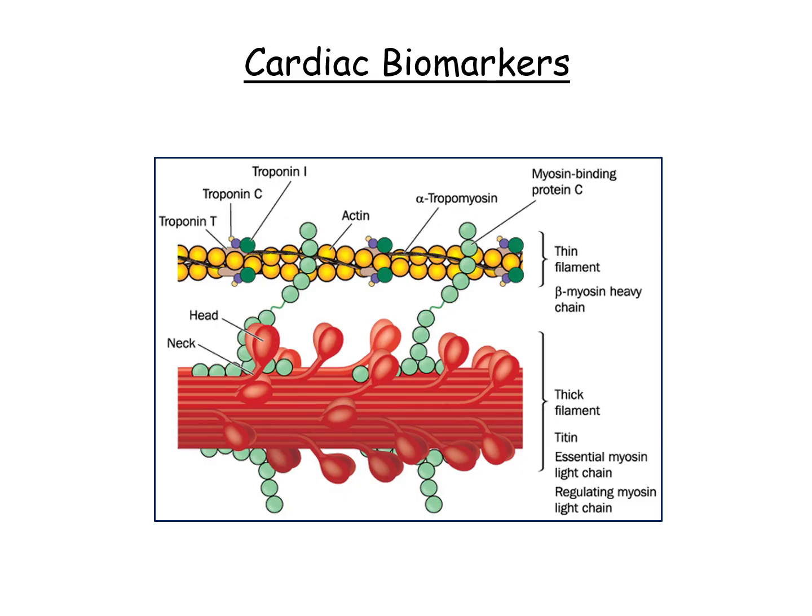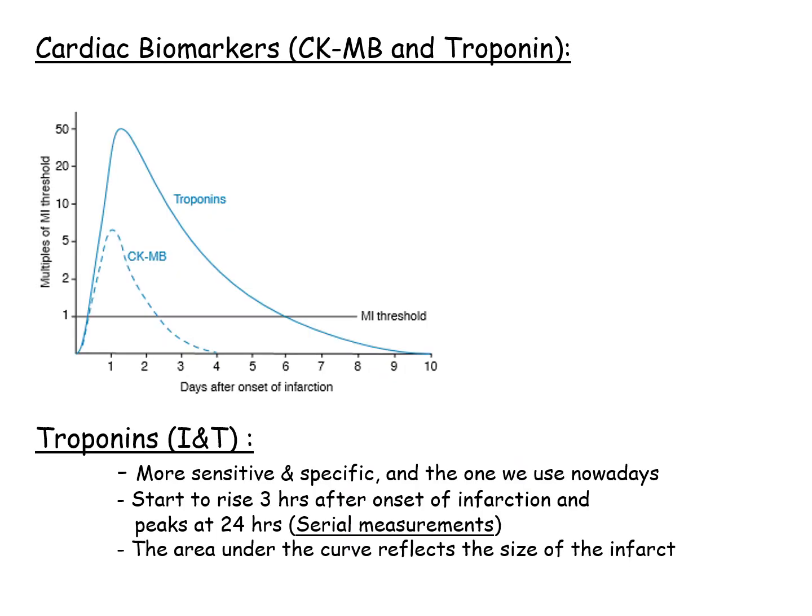The second important element that is used in the diagnosis and classification of patients with acute coronary syndromes are cardiac biomarkers, which are specific proteins that are present inside the cardiac myocyte. Whenever there is myocardial infarction or cell death, these proteins leak into the bloodstream where they can be detected by special assays.